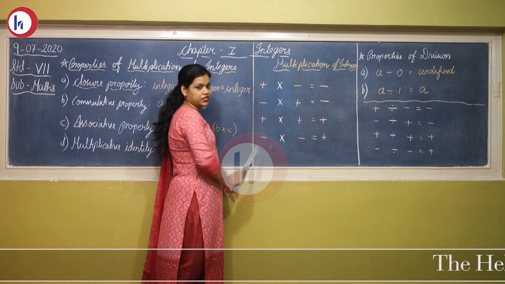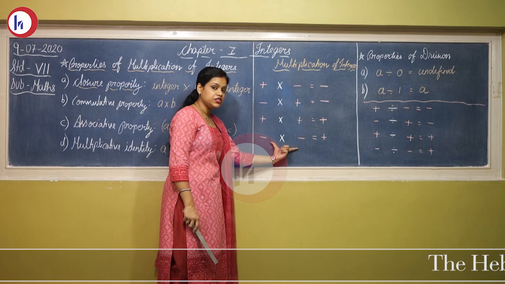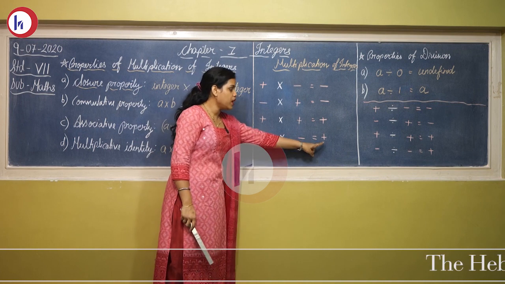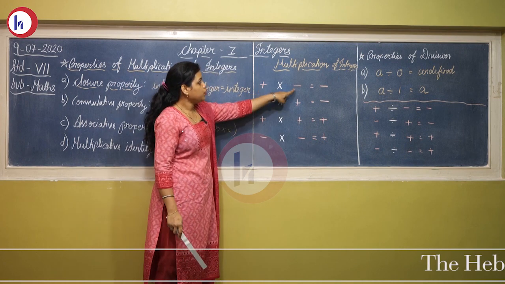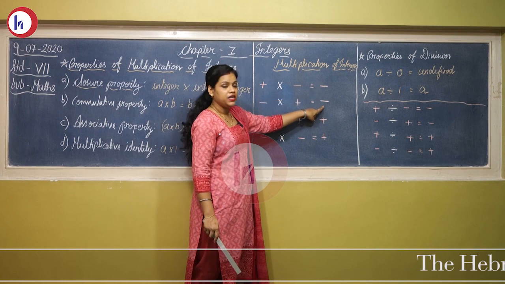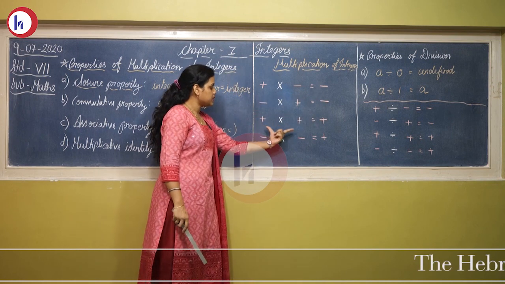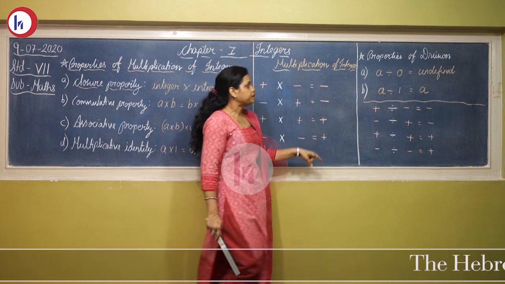Any two negative integers, now pay attention here. Any two negative integers whenever multiplied, you are going to get a positive integer. So remember, whenever two opposite signs are multiplied, your answer is always going to be negative. And whenever same signs are multiplied, your answer is going to be positive.